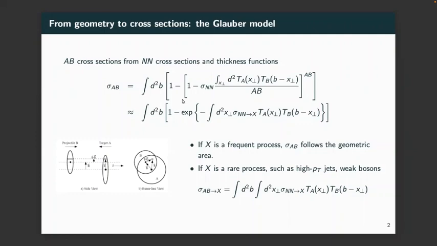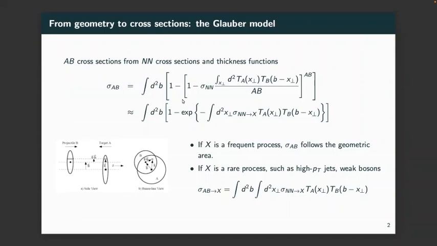So just for the cross sections, you start with the thickness function, and in the high energy limit, this becomes more like a probability problem: the cross section for two nuclei to collide is the probability of one minus the probability you miss everything, integrated over the impact parameters.